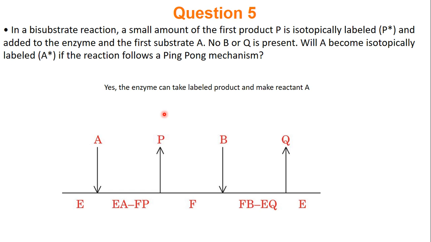And yes, because in ping pong, you only need one substrate to bind, and enzymes can move backwards. If we have P that's labeled, this P will bind to the enzyme and work backwards to remake A. So it is possible, if you just have enzyme and P, to go backwards and create radio-labeled A.